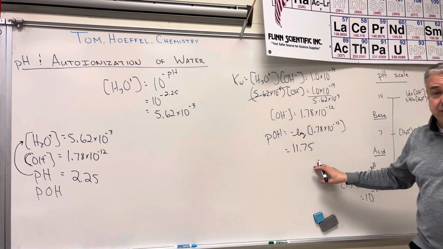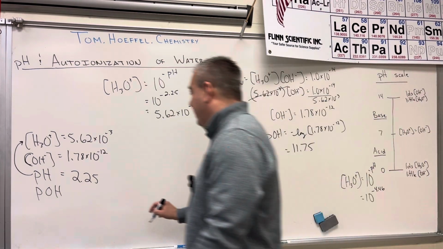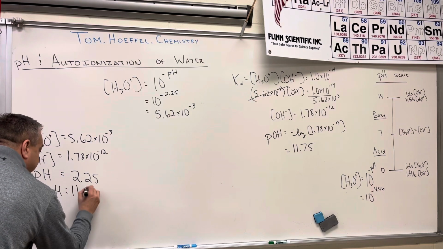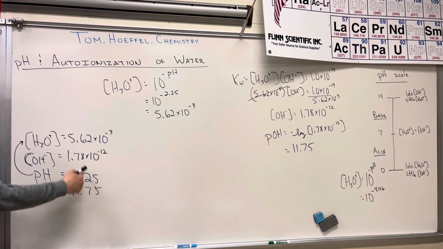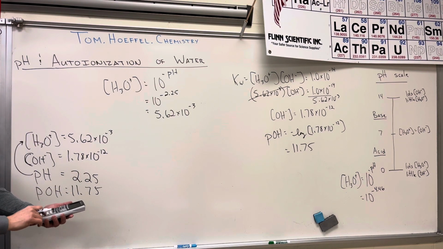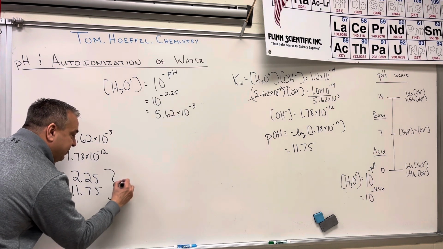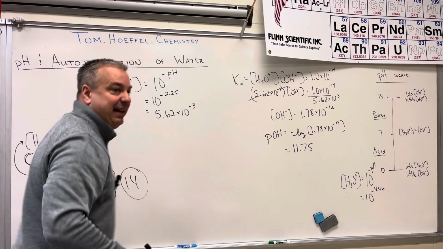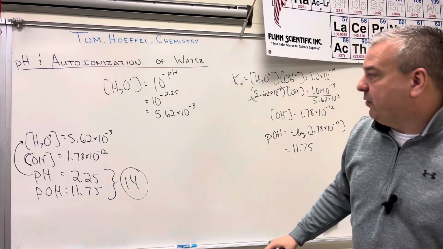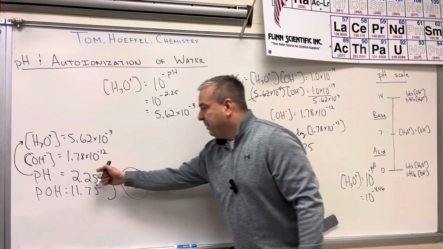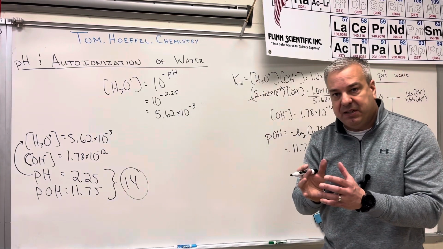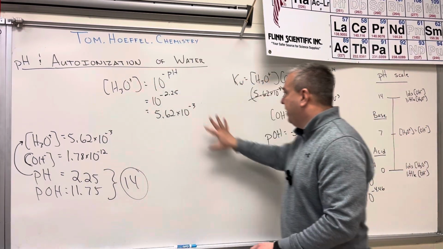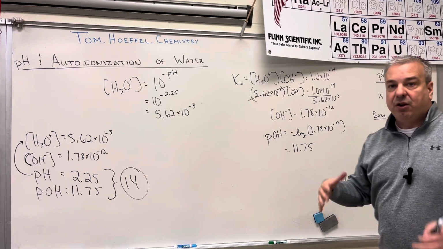Then I'm going to do my check. I add these two numbers together, 11.75 plus 2.25, and I get 14. So I always recommend you take pH and pOH and add them together at the end just to make sure that you've done all this other math correctly.